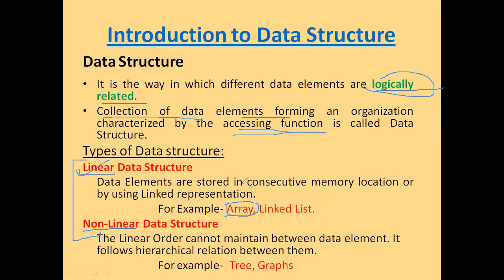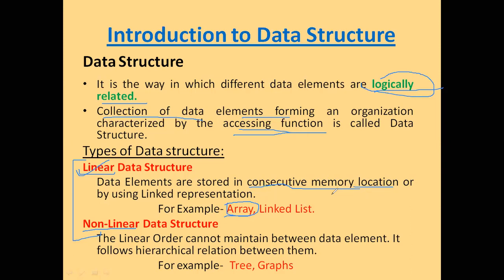In a linear structure, the data elements are stored in consecutive memory locations, one after another. So if you know the first location of memory, you can easily get the address of any element of your data.